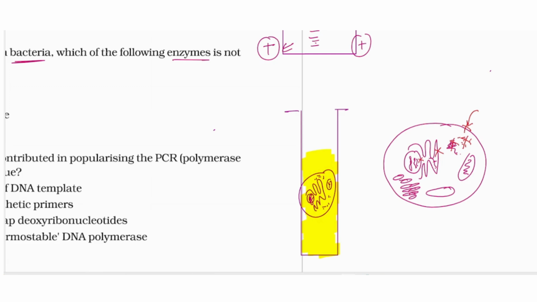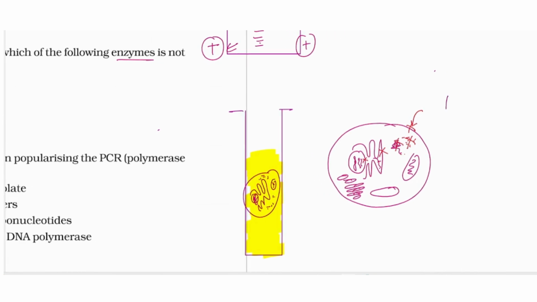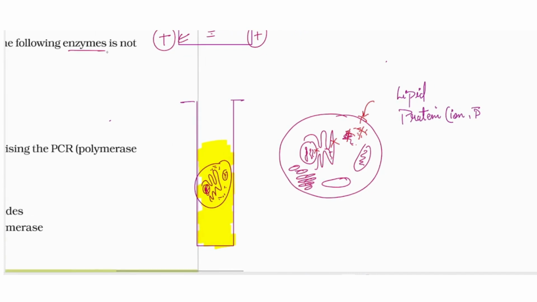So what do we have to degrade? We have to degrade the membrane, which is made up of lipid. We have to degrade the protein, which may be any ion, any enzyme, any hormone. Then we have to degrade the RNA if it comes into the pathway. Then we will finally reach the DNA. So to degrade the lipid, we will use the lipase enzyme.